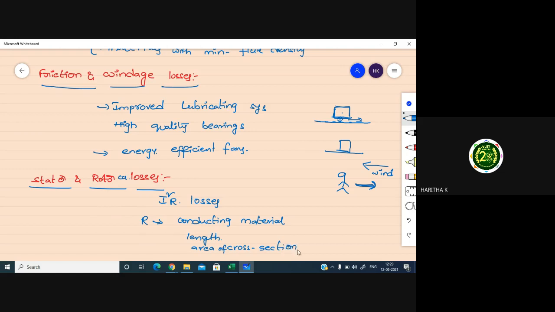So how can we reduce these losses? But how will these losses be produced? Whenever there is a current carrying wire, this loss will occur. The current is flowing in the wire and this wire has some resistance. Therefore, I square R loss will be produced.